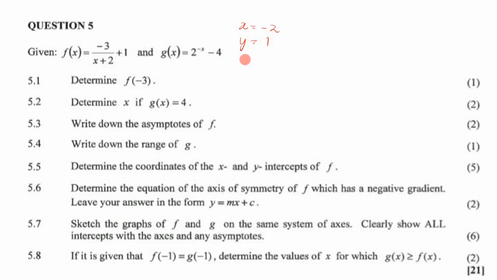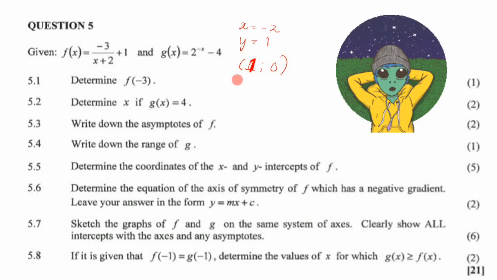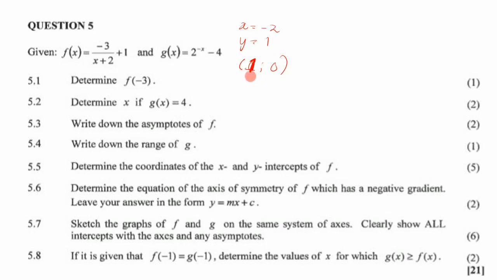Then we had our coordinates for the intercepts, which was (1, 0) when we were having the x-intercept, and then also (0, -1/2) when we're having the y-intercept, right? So we have all this.